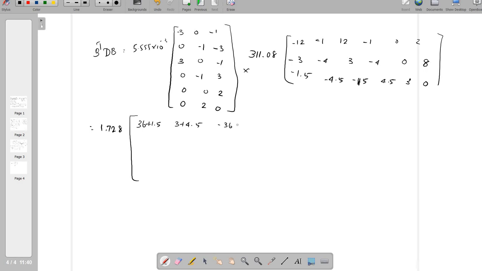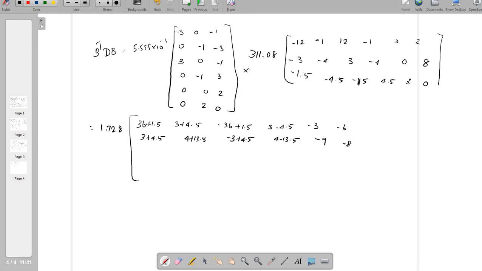Next, minus 36 plus 1.5, 3 minus 4.5, minus 3, minus 6. Next row: 3 plus 4.5, 4 plus 13.5, minus 3 plus 4.5, 4 minus 13.5, minus 9, minus 8.